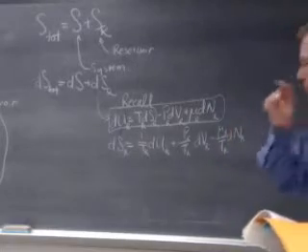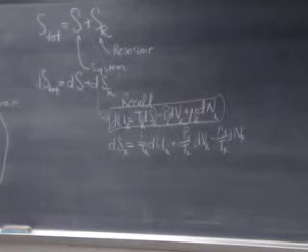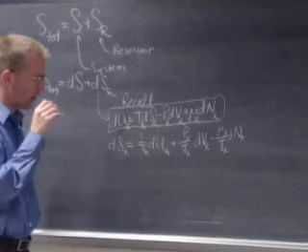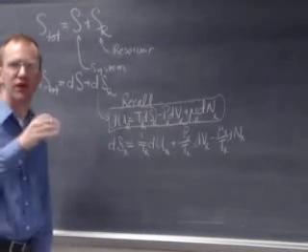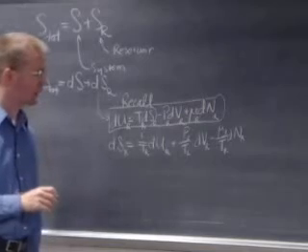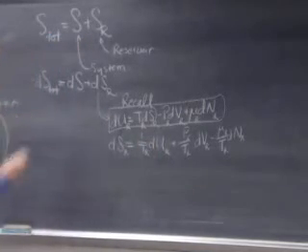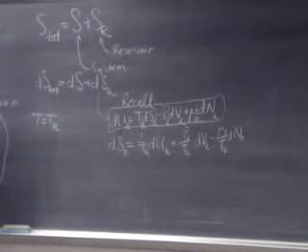Now, let me make some assumptions. The system and the reservoir are in thermal contact, so they're going to have the same temperature. The system does not change size, and it does not exchange particles with the outside. So T equals T_R. They're in thermal equilibrium.